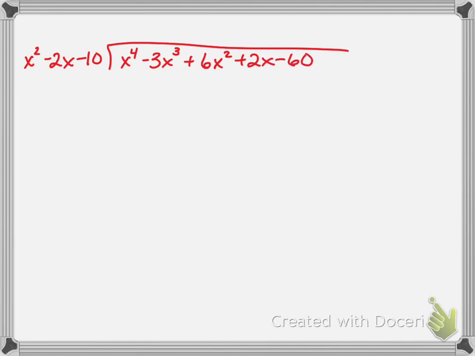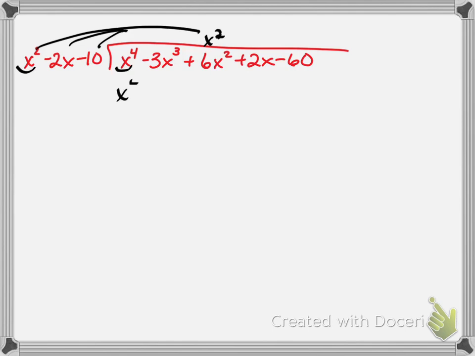And I did check before I got started, 4, 3, 2, 1, none. So nobody's missing anything, so we're good to go. What do you multiply x squared by to get x to the 4th? x squared.